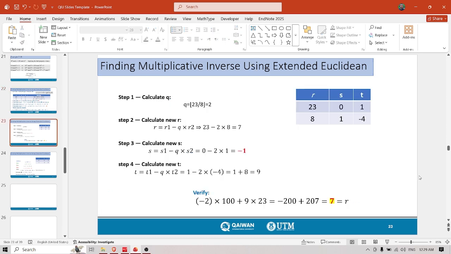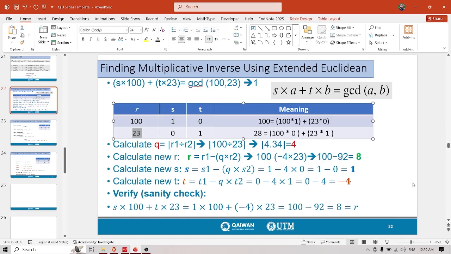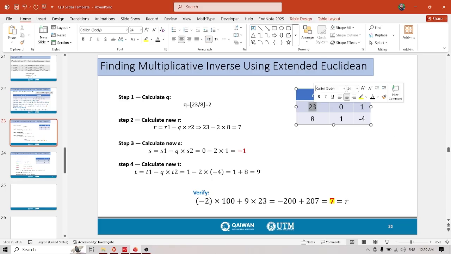Now we will go to the other slide. Now, as we said that we will take this remainder with this one because this is the rule. R or R will become the R2, the R2 will become R1. Now we have R1 and R2, S1, S2, T1, and T2.